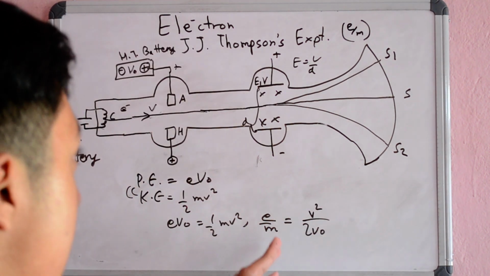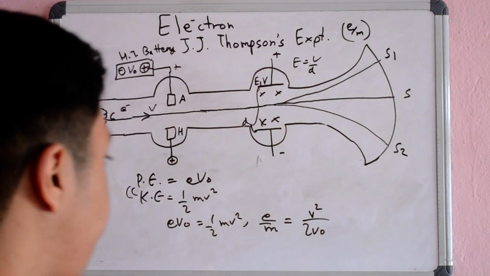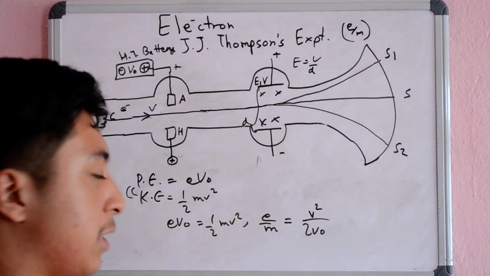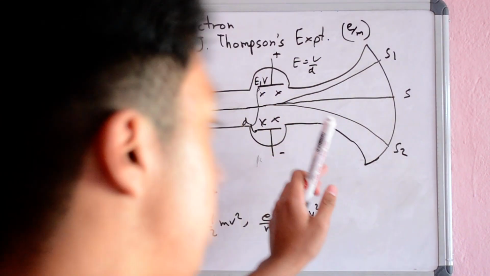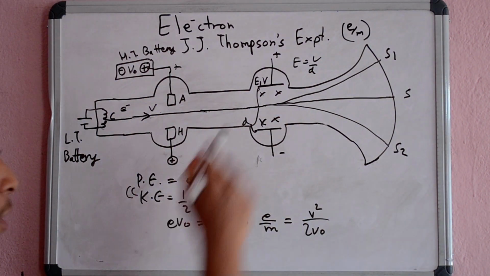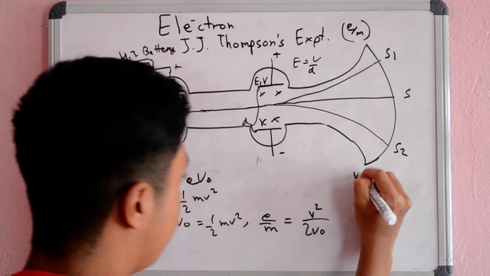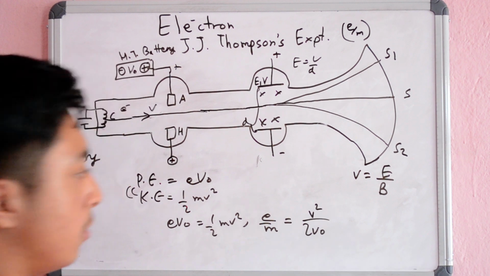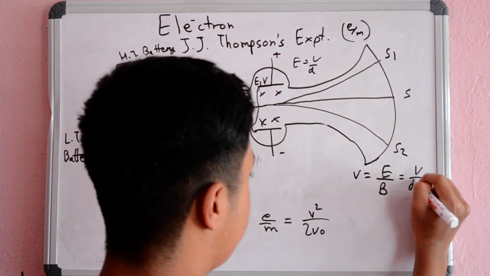Now here we have already gotten the specific charge that we need to determine. Now let's say it is very difficult to calculate the velocity, so what can we do? Now here we have the cross field condition, right? So in cross field condition, as I talked about earlier, v is equal to electric field by magnetic field, and here electric field equals V by D, so v equals V by dB.